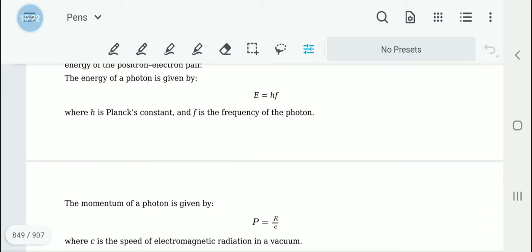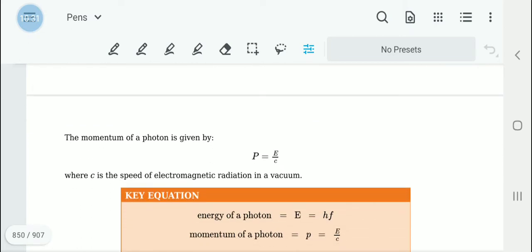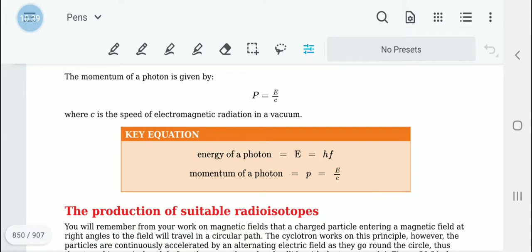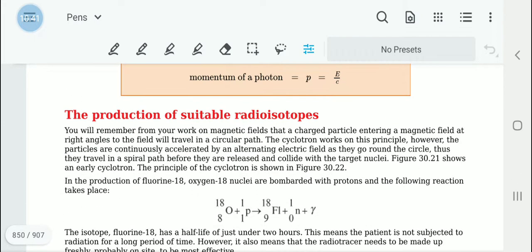Energy of a photon is E equals hf, where E is energy, h is Planck's constant, and f is the frequency of the photon. Momentum p is equal to E upon c, where c is the speed of electromagnetic radiation in a vacuum, that is the speed of light. So these two equations you need to know.